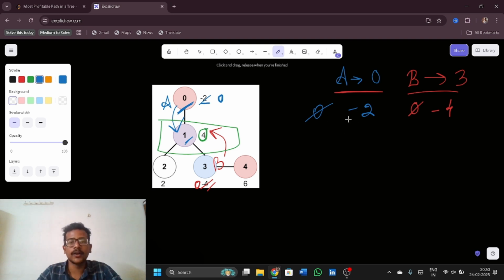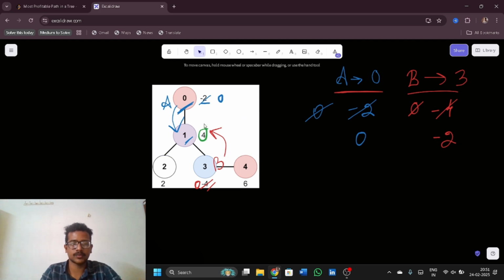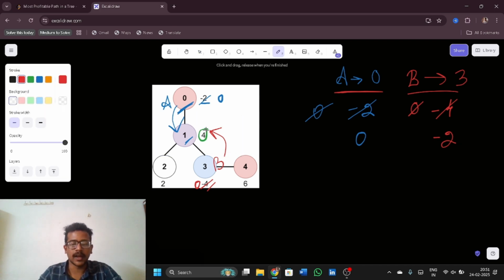I'll add 2 to Alice, then the value will become 0. And I'll add 2 to the value of Bob, then it will become 2 minus 4, minus 2. And let us go to the next one. Here, as I said, this would become 0. Now, both Alice and Bob are at node 1.